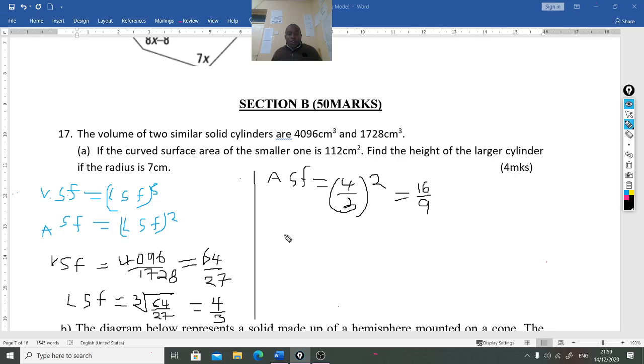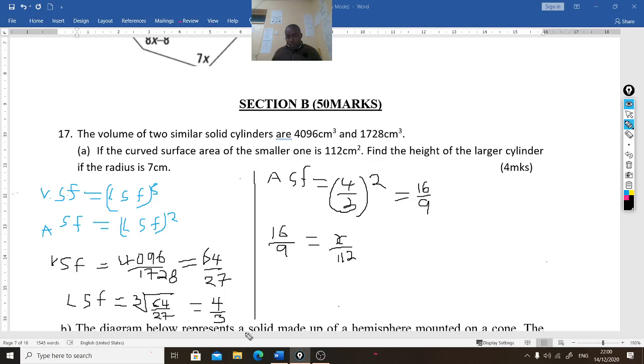Now we can easily find the area of the larger cylinder, which is what we are asking. I can relate 16 over 9 to the areas: 16 all over 9 equals x all over the area of the smaller, which you are given as 112.